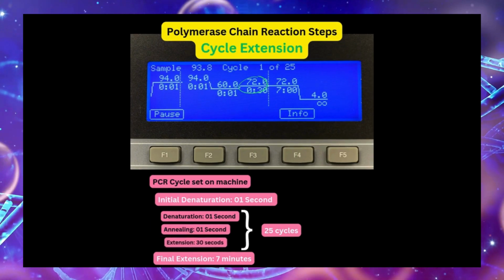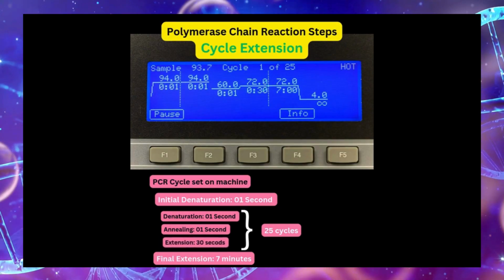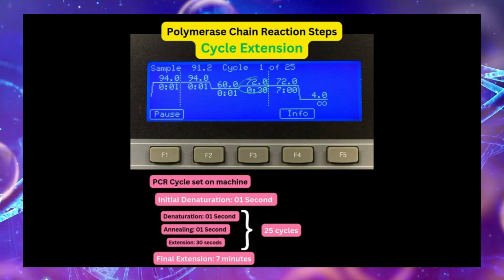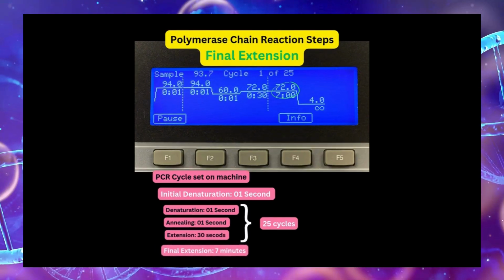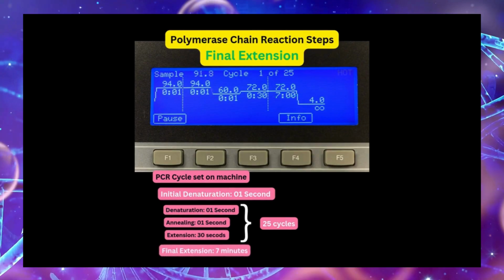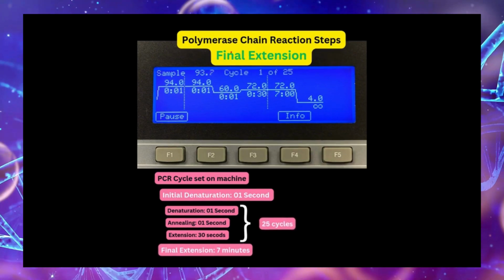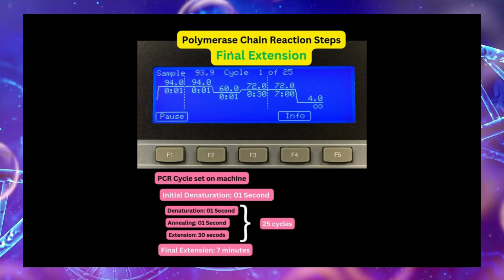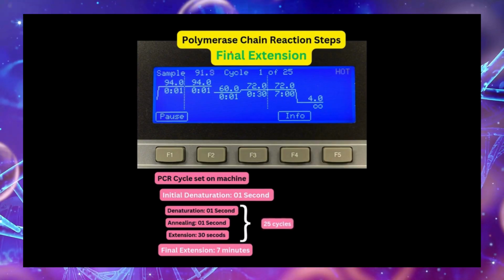Extension. The temperature is raised to around 72 degrees C, adding nucleotides to the primers, creating copies of the target DNA. These steps are repeated for 25 to 35 cycles, exponentially amplifying the target DNA sequence.